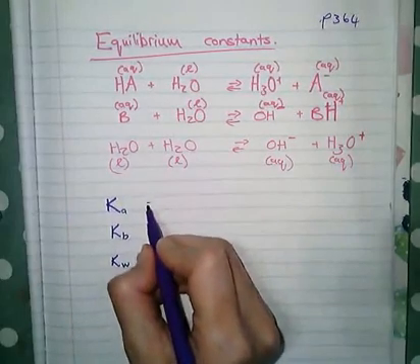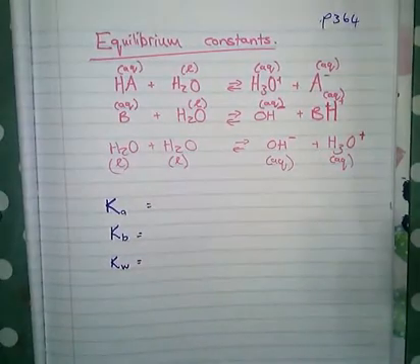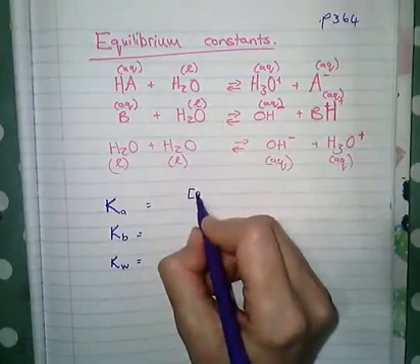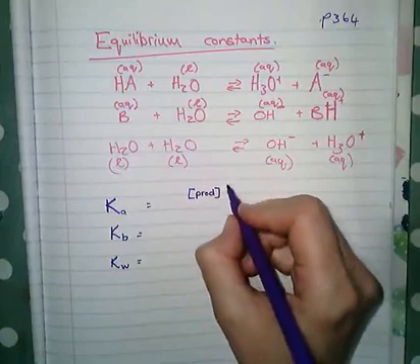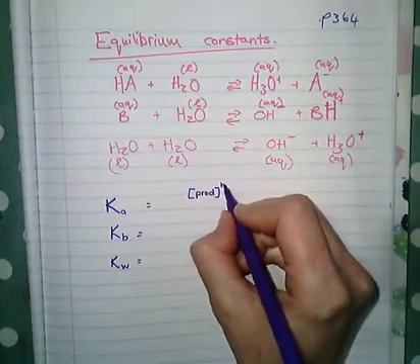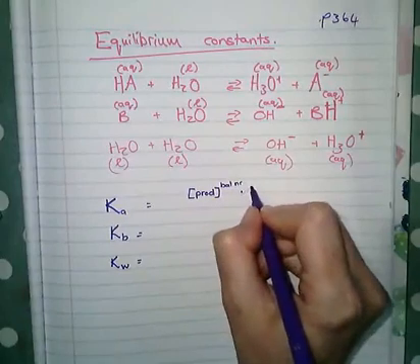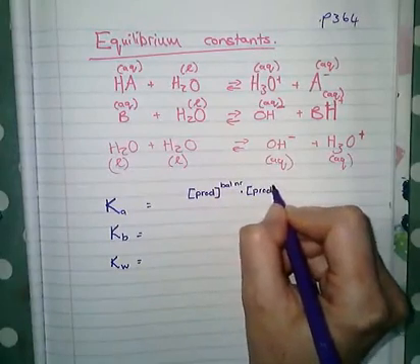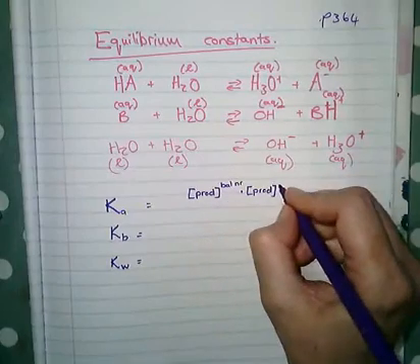So product 1 to the power of its balancing number multiplied by product 2 to the power of its balancing number, divided by the reactants, the same: reactant to the power of its balancing number multiplied by the other reactants to the power of their balancing numbers.